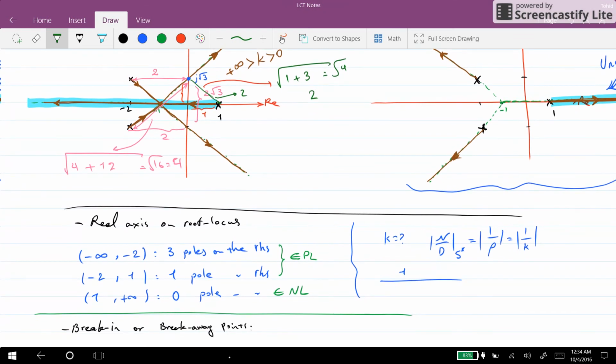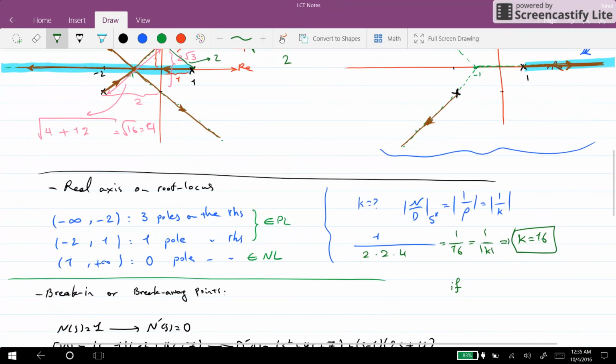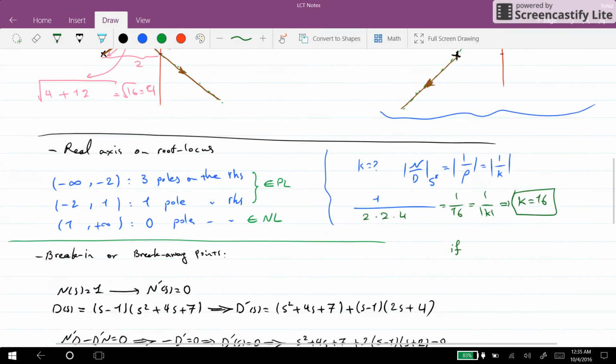Therefore here we have 2 times 2 times 4, which is equal to 16, so 1 over 16 equals 1 over amplitude of k, and since k is positive here, we can say that k is equal to 16. Therefore, we can say that in general, if k is bigger than 16, our system will become unstable.